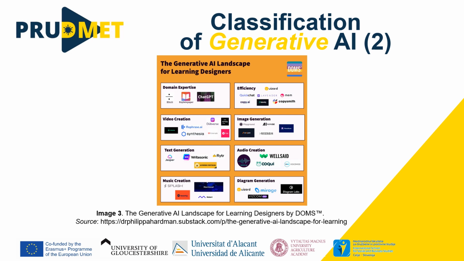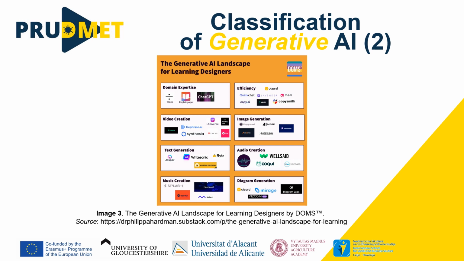The most popular generative AI landscape, proposed by education expert Hardman, 2022, from Cambridge University, entails several branches that generative AI can cover. Moreover, the author has reviewed over 40 existing AI-infused solutions that can be applied in learning.